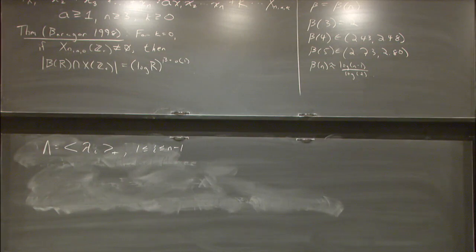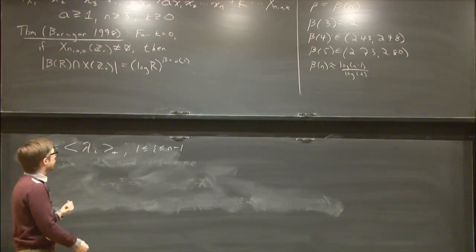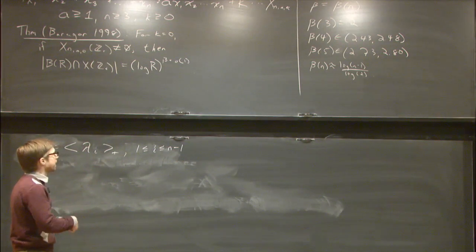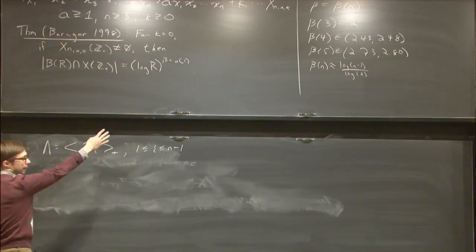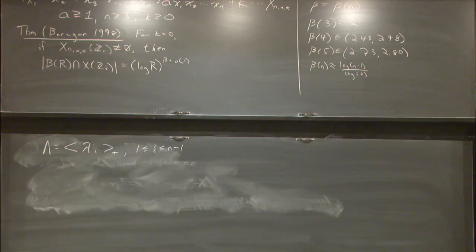OK, and the next step of the argument is, in some sense, we want to linearize this problem. These maps lambda i are nonlinear, and that makes life more complicated. But there is a standard way to linearize this problem in the following sense. If xn is very large, the left-hand side of this equation looks just like xn squared.